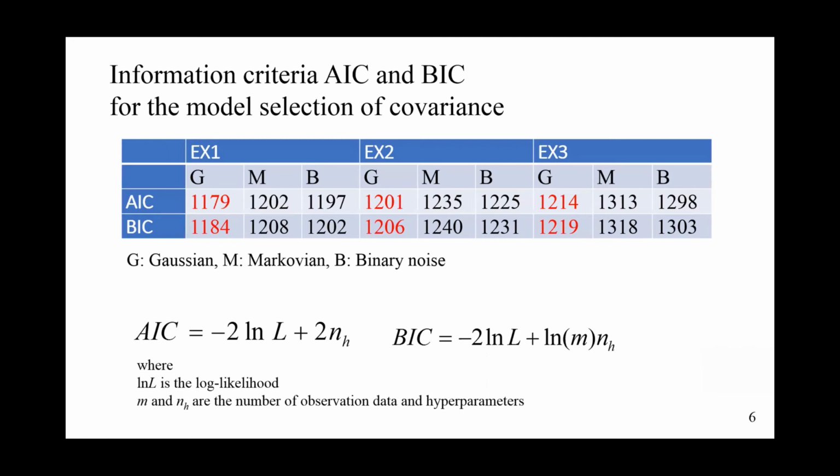GMB is Gaussian, Markovian, binary noise, with AIC and BIC. In all examples, the Gaussian case takes the smallest value among these three, right? So in terms of information criteria, the Gaussian covariance function is selected for the estimation of the trend component.